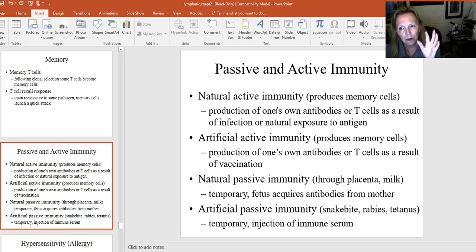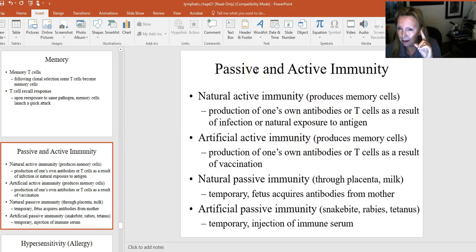So it's one of those we used to call childhood diseases that you don't want to have if you can help it. And now we have immunization, so you would certainly choose that option. Anyway, so that's our artificial active. And the kids that get immunized, they're making their own memory cells to it. And these are the ways we can be protected.